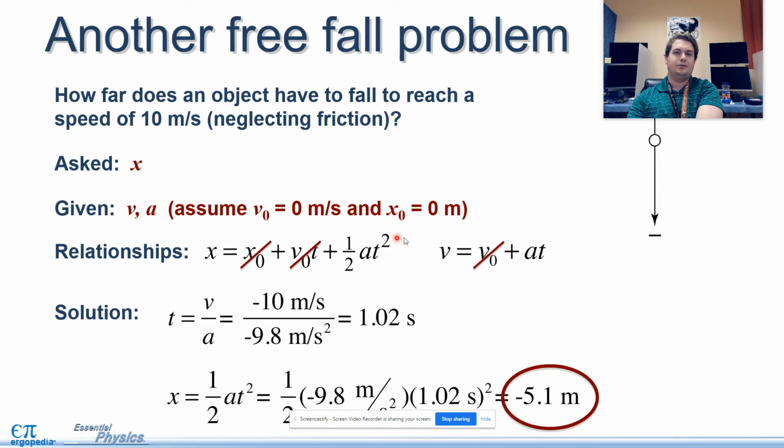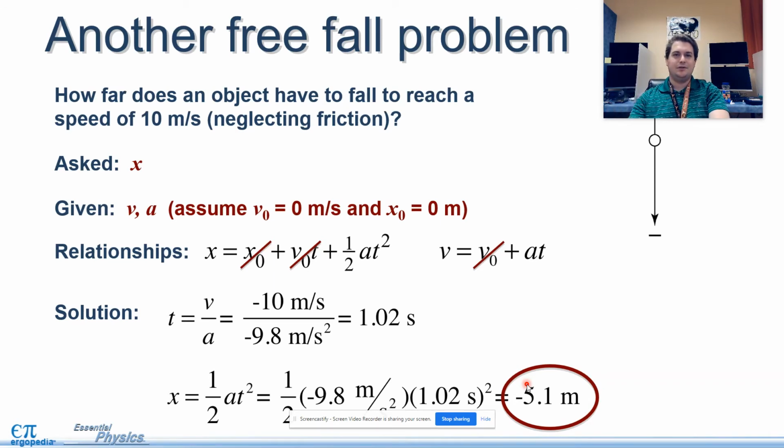So 1.02 squared times negative 9.8 times 1/2 gives us our position, how far the object has to fall: negative 5.1 meters. Basically, it's saying it has to fall 5.1 meters to reach negative 10 meters per second.